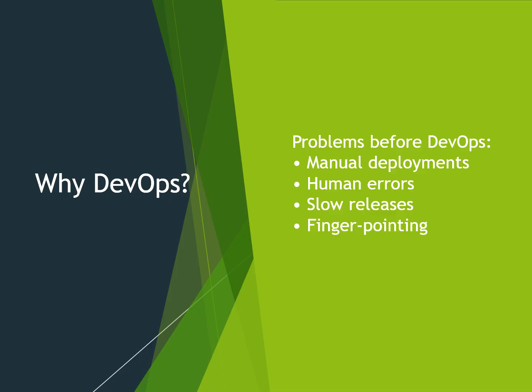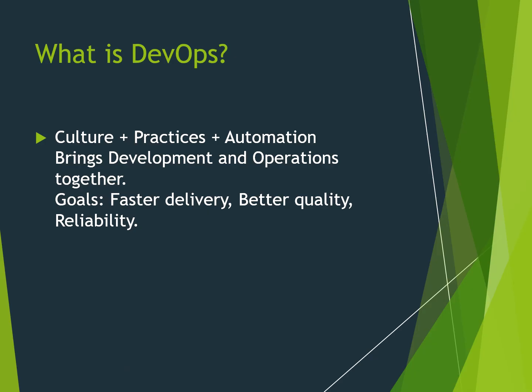And that is the reason the organization realized that there has to be a better way, and that's how DevOps came into picture. Now we understand what is a DevOps. Many beginners think DevOps is a tool, but it is not. It's a culture, a method, or a set of practices in which the goal is to deliver software faster, with good quality, increased reliability, and reduced manual error because we are having a lot of automation and methodology in place.